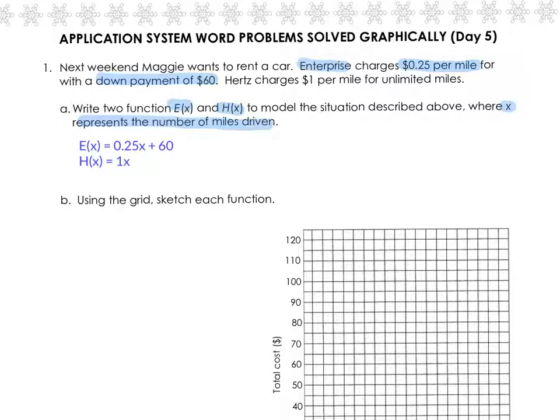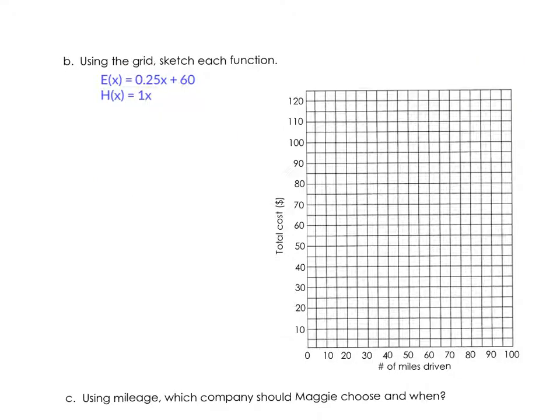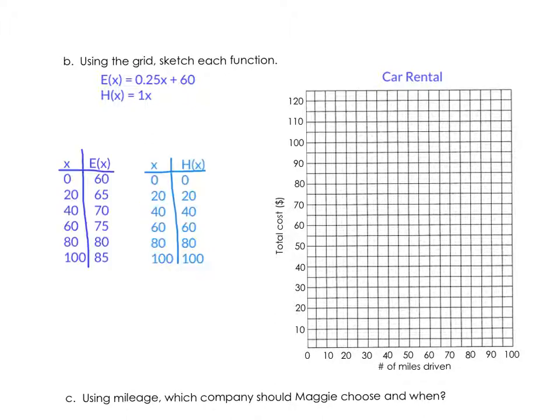Now it says to use the grid to sketch each function, so I'm just going to move this down so I can see that. First, we're going to put a table, so I'm going to put car rental as the title, and we're going to have two tables because we have two equations. I'm just going to write x in one column and then e of x in the y column, since those are the y values.